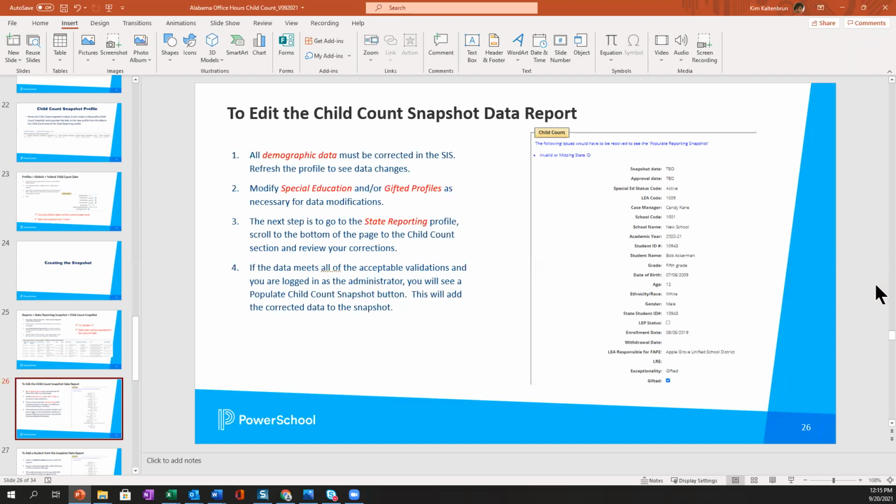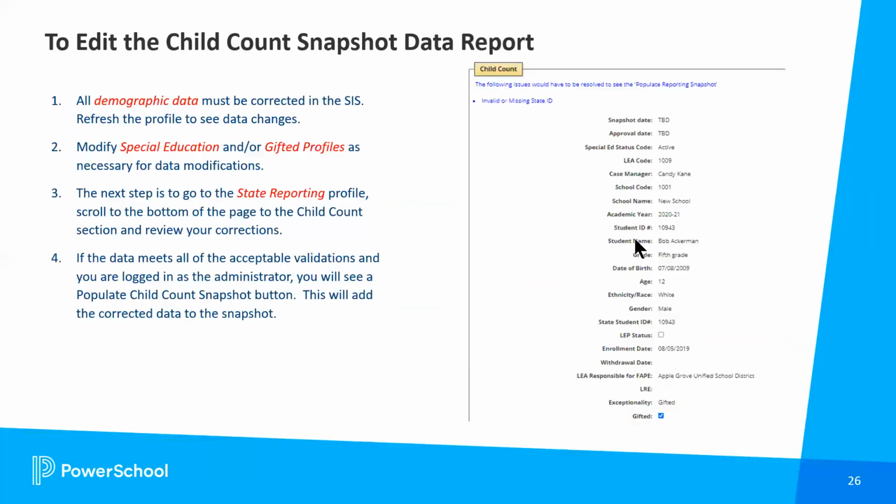So there's going to be a button down there, and there'll be information at the top that says you've either satisfied the data or you have not satisfied the data. That's that blue message at the top. If all the criteria is identified and correct on that student record, there will be a button on the screen, and you also have to have the correct security rights to see that button.